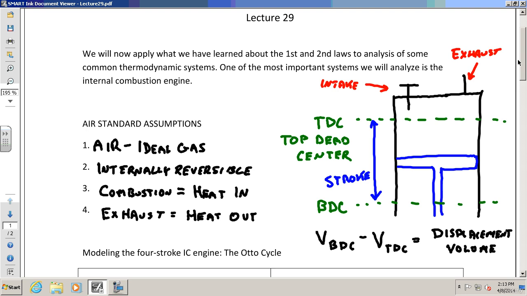So if we make those four assumptions, we can simplify and get something that's manageable, but hopefully we don't lose too much in terms of real modeling of the system. That's the goal. We want to get as close as possible, but doable. And those assumptions are going to get us a lot of the way.